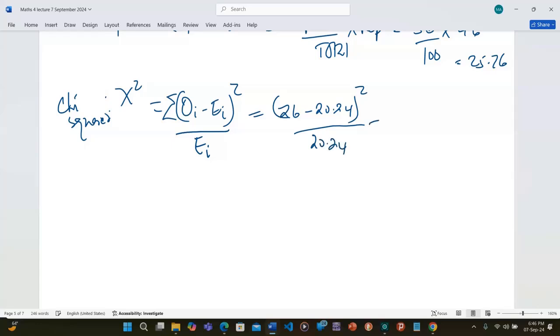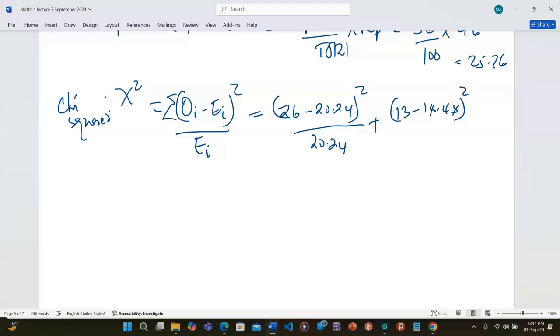20.24. You add. Now you go to males who are Democrats. I'm going to get 13 minus 18.48.